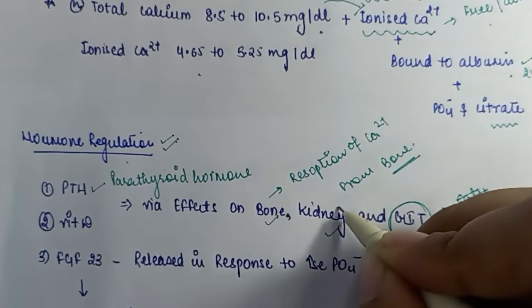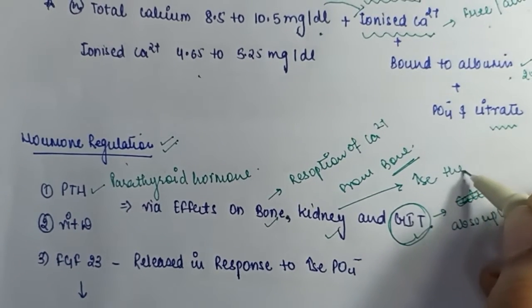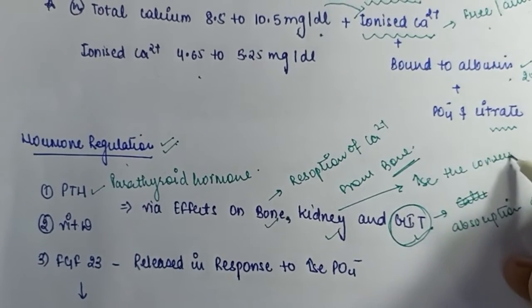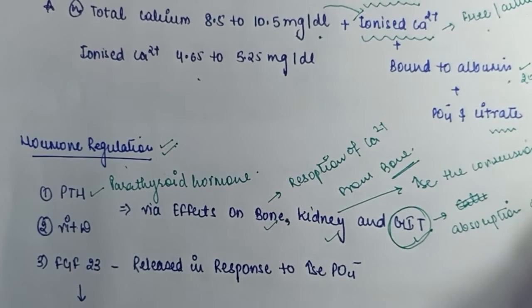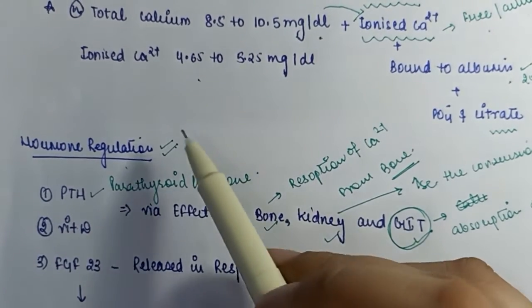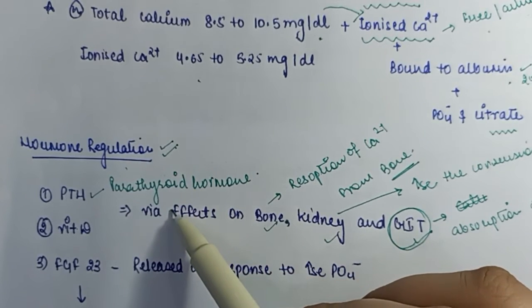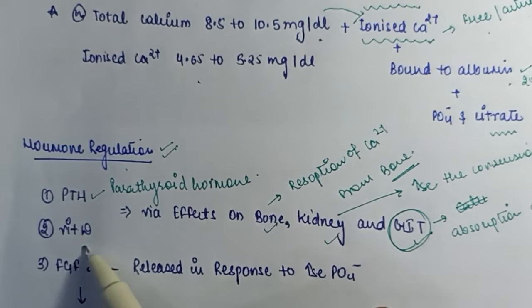And what is its effect in kidneys? It will increase the conversion of calcidiol, that is the inactive form of vitamin D, to active vitamin D. So mainly the serum calcium is maintained within normal range by parathyroid hormone and vitamin D.